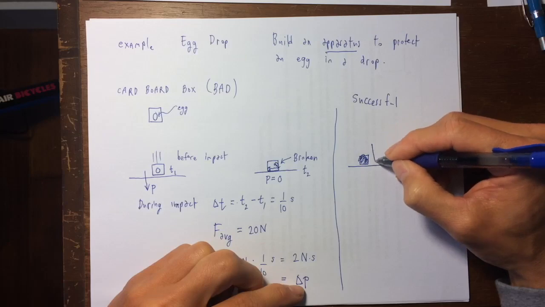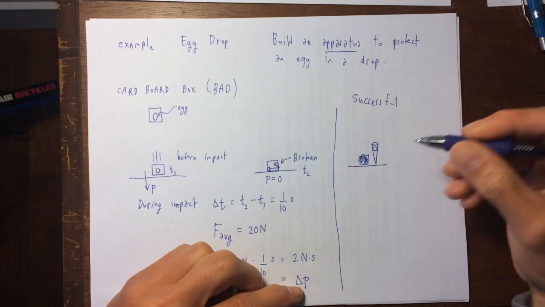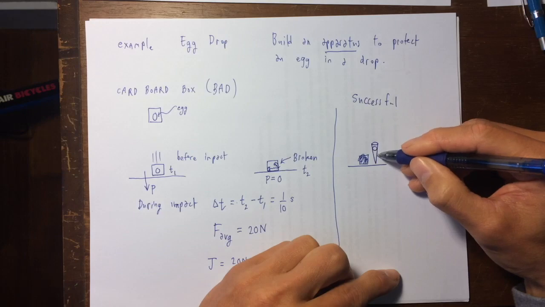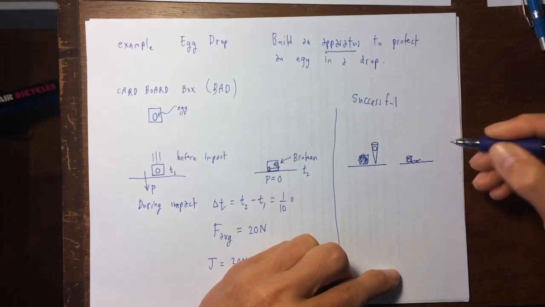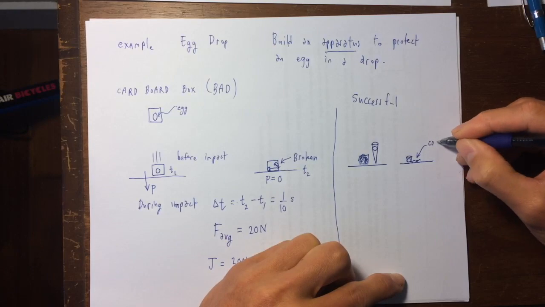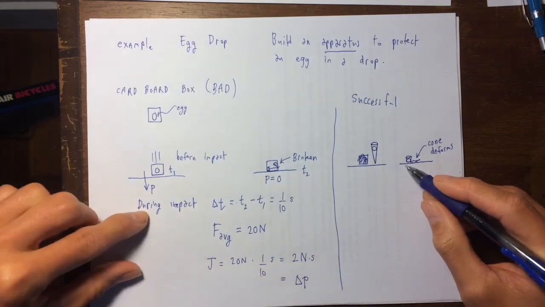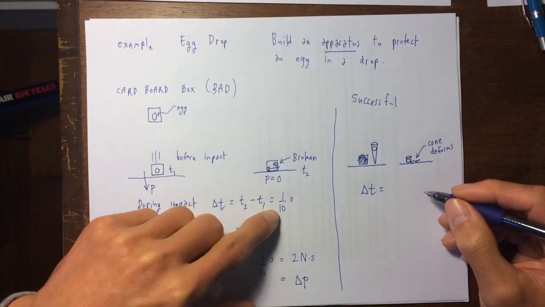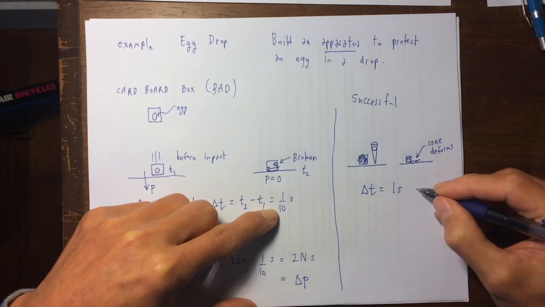So if I can cause the egg to be carried in a cone like this, then by the time the cone crushes, here is the egg, and that's the crushed part of the cone. What this does is it changes delta t. I'm going to be a little bit extreme. Delta t might go all the way up to a full second. You extend the time.